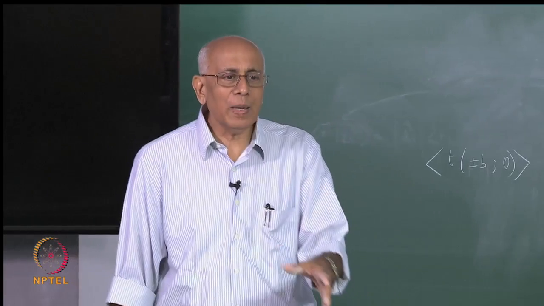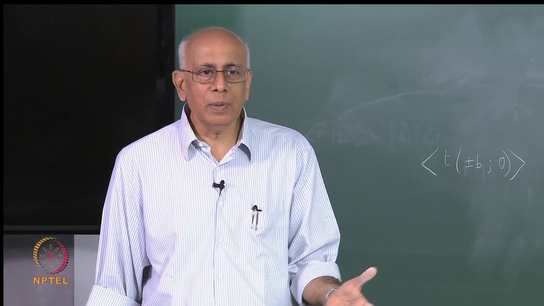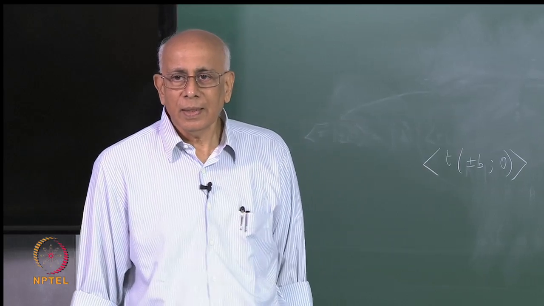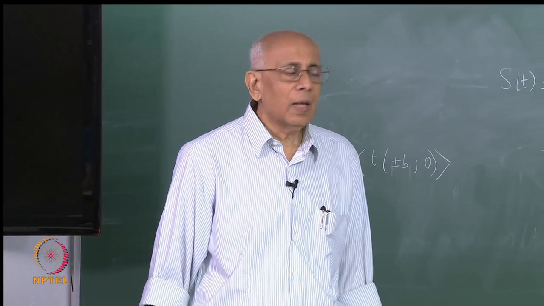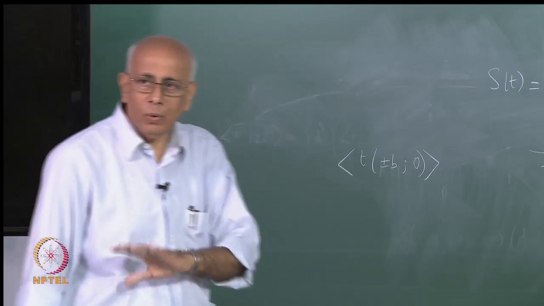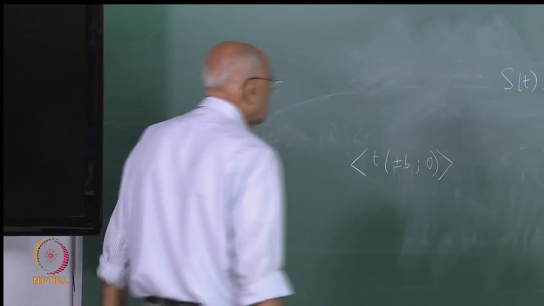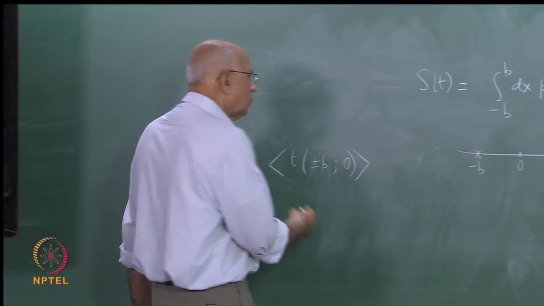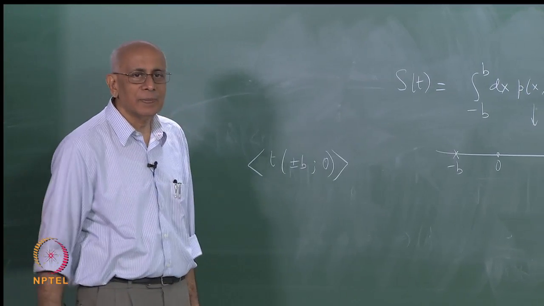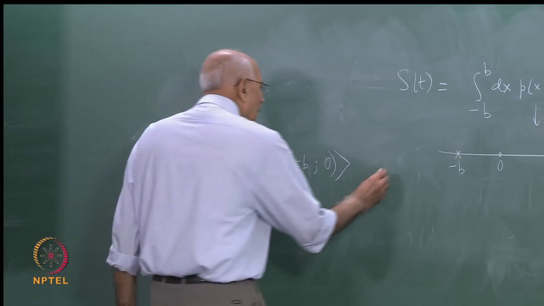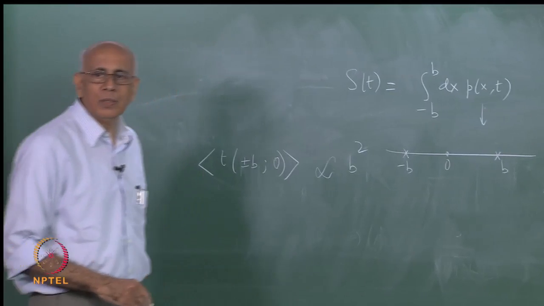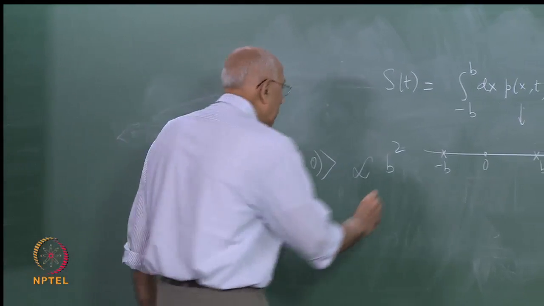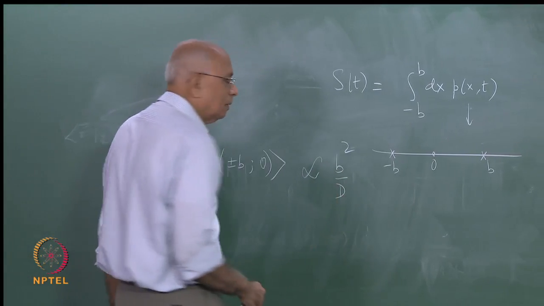There is only one parameter in this problem, the natural parameter is the diffusion constant. And what are the dimensions of that diffusion constant? Length squared over time, right. That is the only dimensional parameter that you have in the problem. So what would you expect this to be? Yeah, I would expect this to be proportional to b squared divided by D. Exactly.